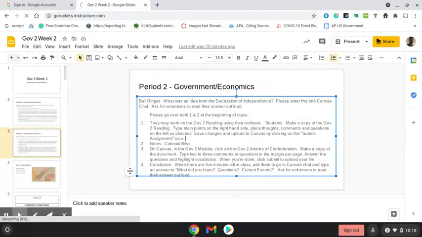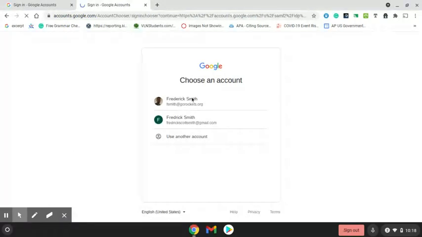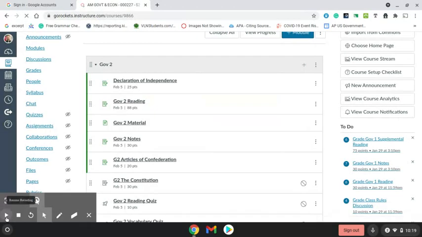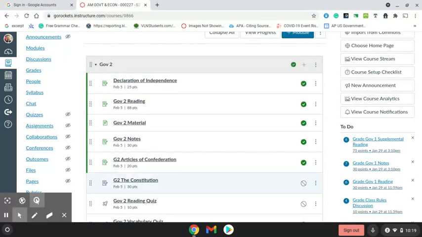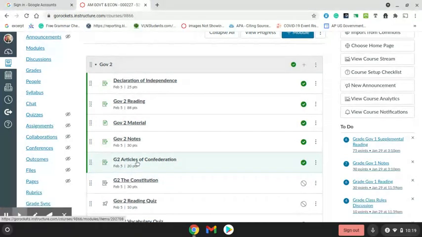So in the meantime, let's go to Go Rockets, back to the home page. So click on G2, Articles of Confederation.